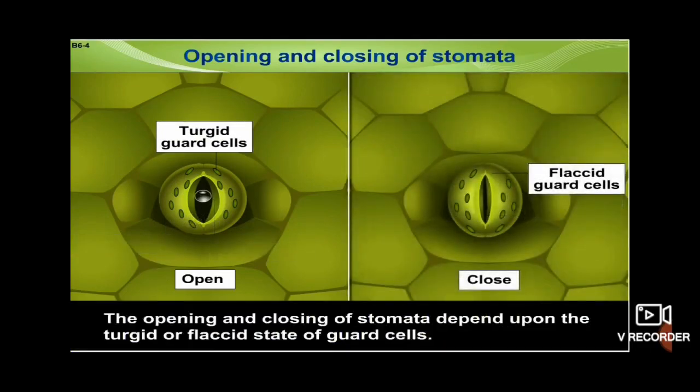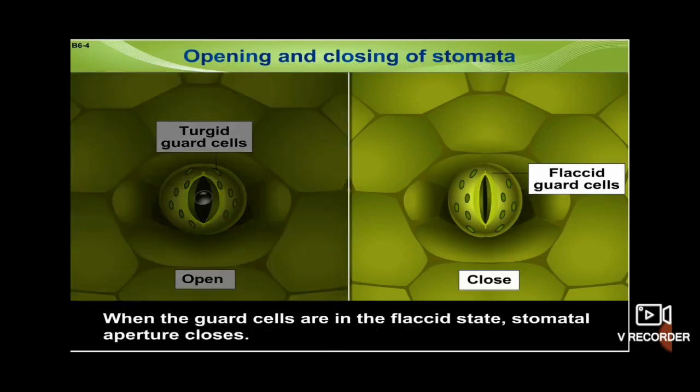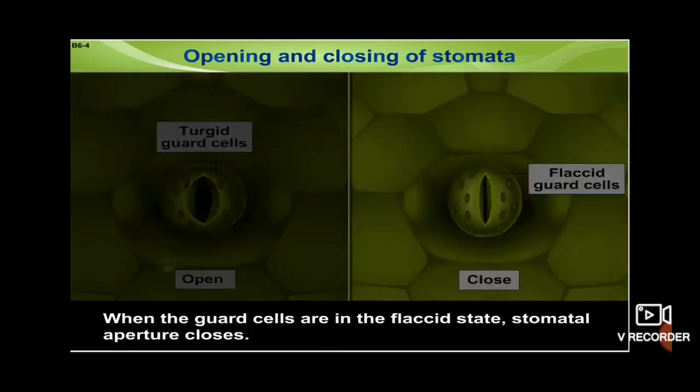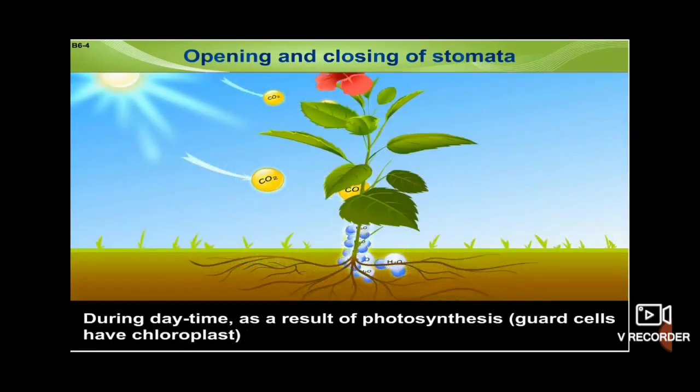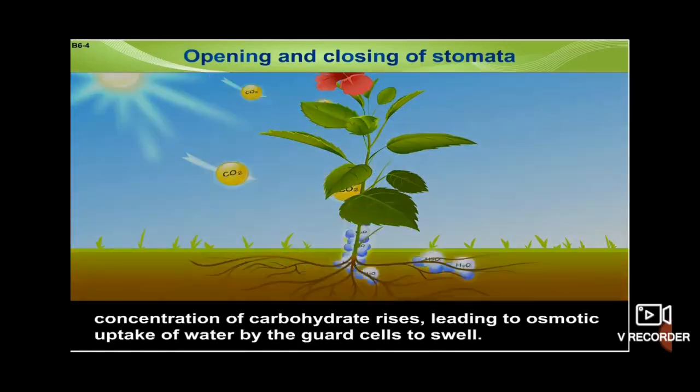The opening and closing of stomata depend upon the turgid or flaccid state of guard cells. When the guard cells are in the flaccid state, the stomatal aperture closes. During daytime, as a result of photosynthesis, as the guard cells have chloroplasts, the concentration of carbohydrates rises, leading to osmotic uptake of water by the guard cells, which swell.